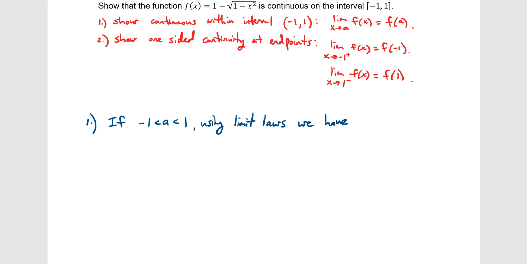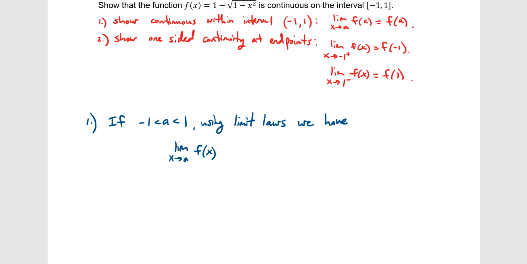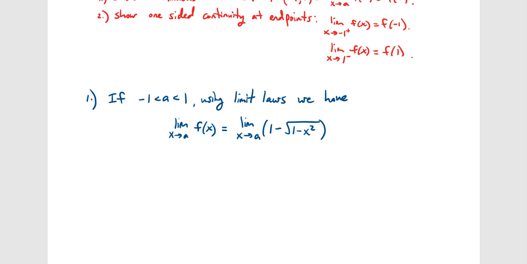We are going to say that a is between -1 and 1. It's on the interval, not including the endpoints. Then we have the limit as x approaches a of f of x, which is going to be the limit as x approaches a, and I'm just going to plug in the function here. Okay, so now let's go ahead and use these limit laws.